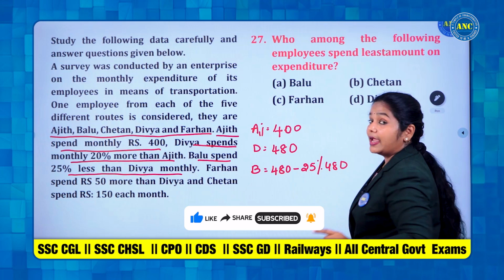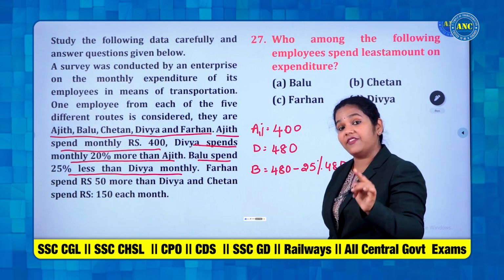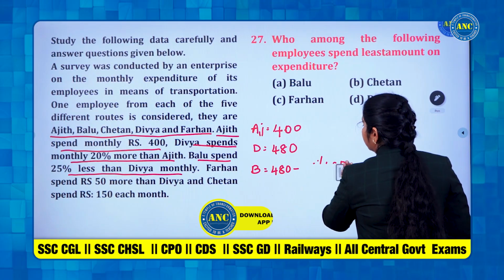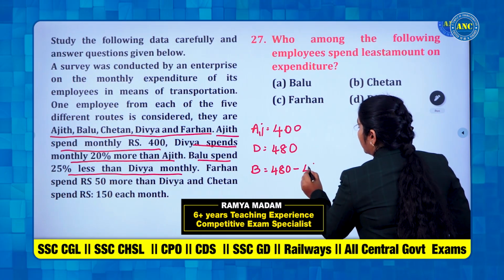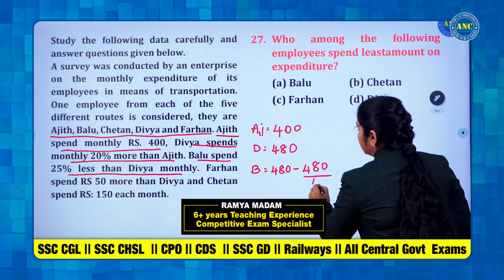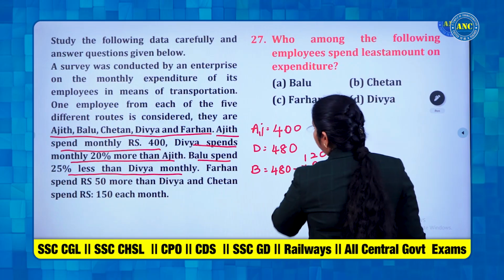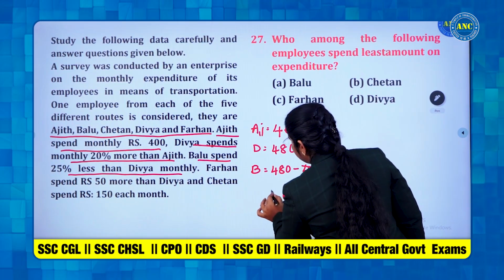If there is 25%, we can convert this into a fraction: 480 by 4, which is 120. So it's 480 minus 120, that will be 360.